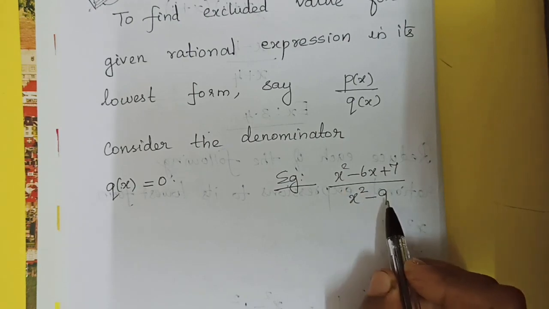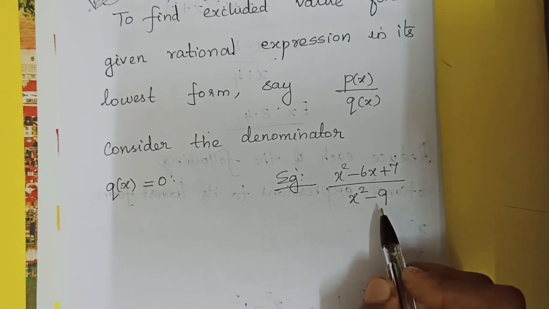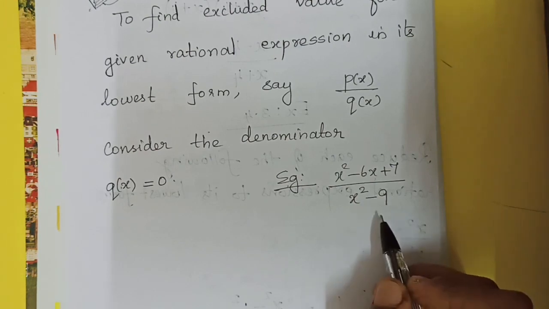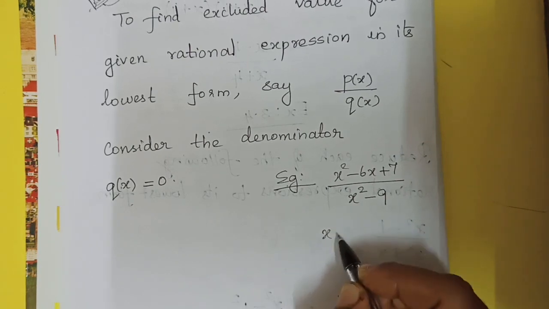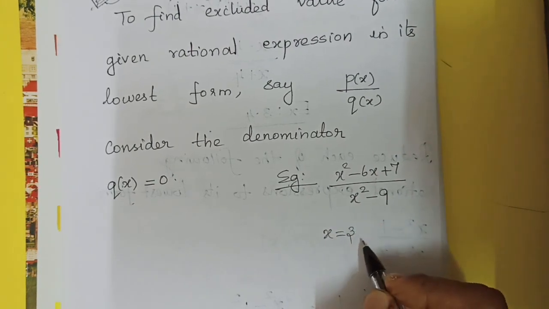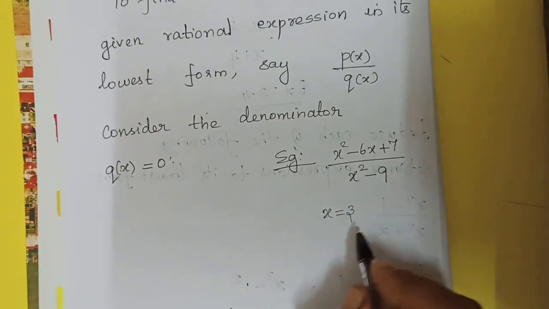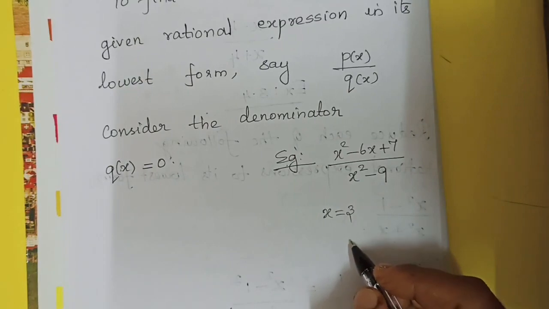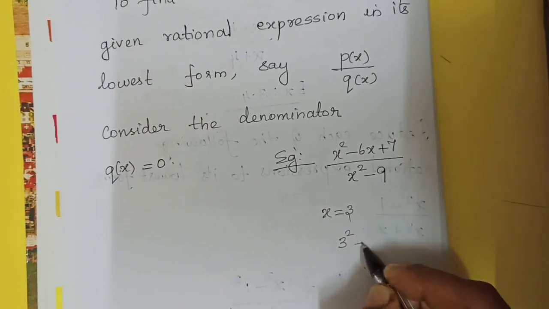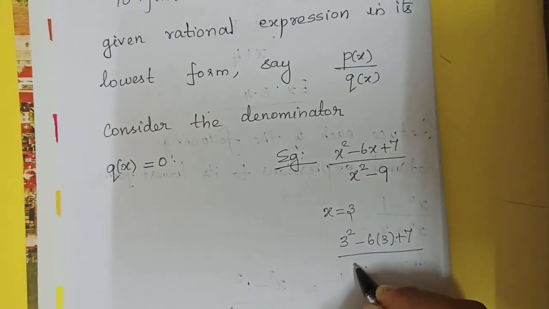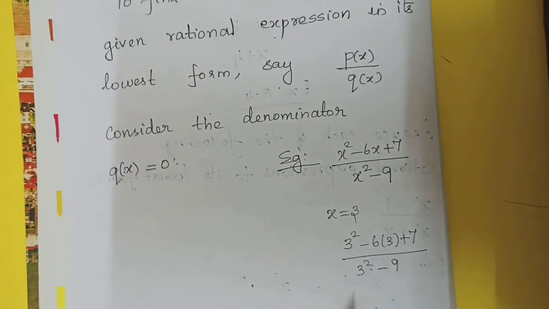X square minus 9. Then it will be 0. For what value the denominator becomes 0? Any guesses? If we put x equal to 3, then what is the value for this? Numerator as it is, no problem. Let's check for the denominator. So 3 square minus 6 into 3 plus 7 divided by 3 square minus 9.